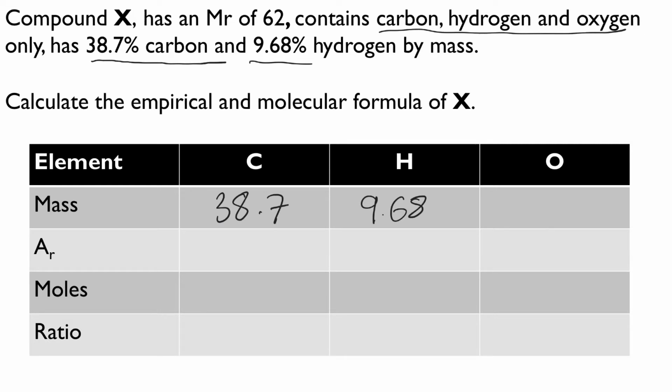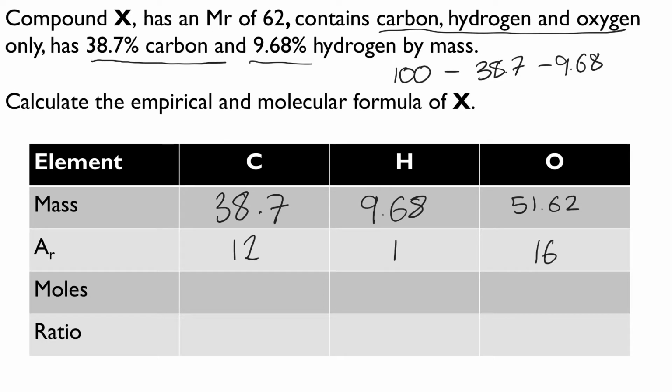If 38.7% is carbon and 9.68% is hydrogen, then it follows that 100 minus 38.7 minus 9.68 is going to give you the mass of oxygen, which is 51.62. The atomic masses, we just got those from the periodic table. So the atomic mass of carbon is 12, hydrogen is 1, oxygen is 16.